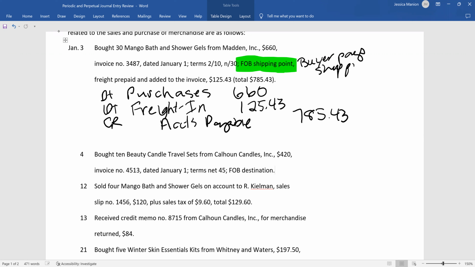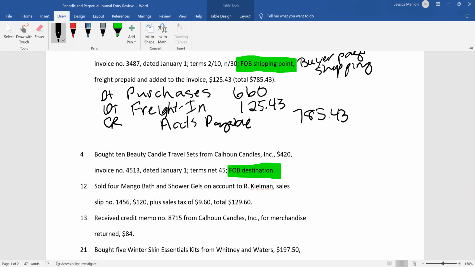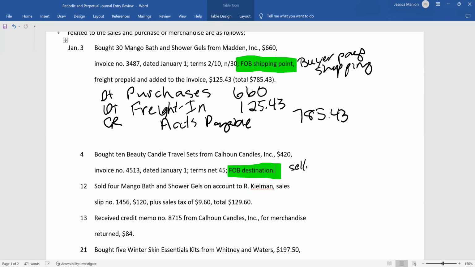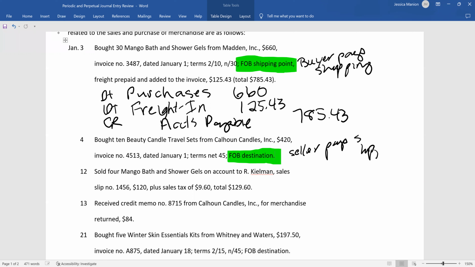So FOB shipping point, the buyer pays the shipping cost. FOB destination, which is what we're going to see on the next one, the seller pays. Seller pays shipping. That's weird how it just did that, but anyway, that's okay.